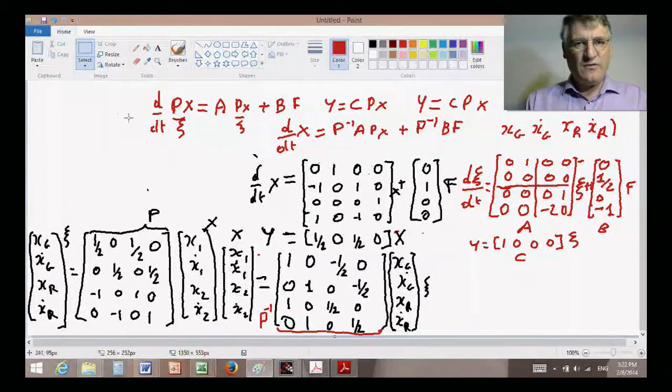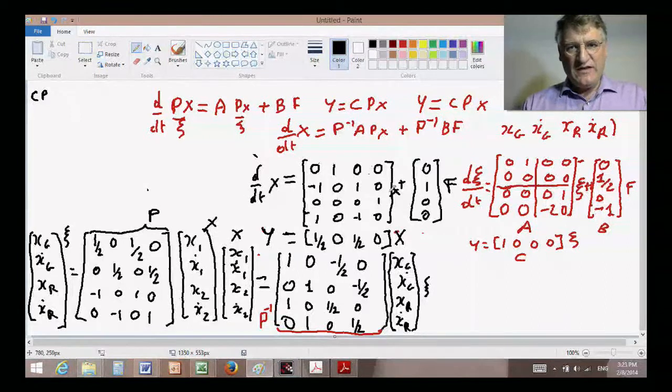Let me start with the easy one, which is we're going to compute C times P. C times P is equal to this matrix times that matrix.